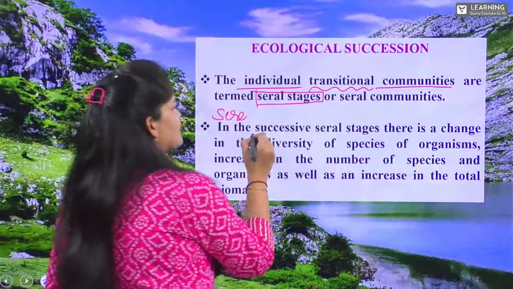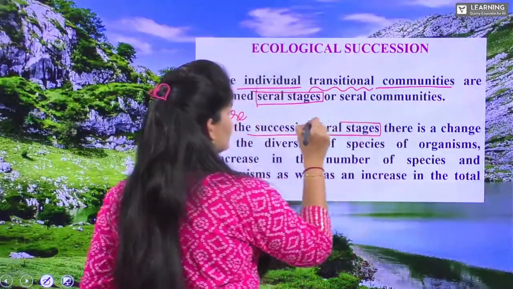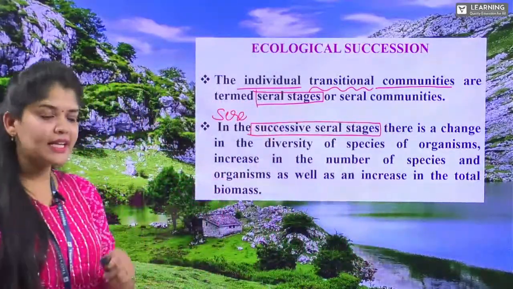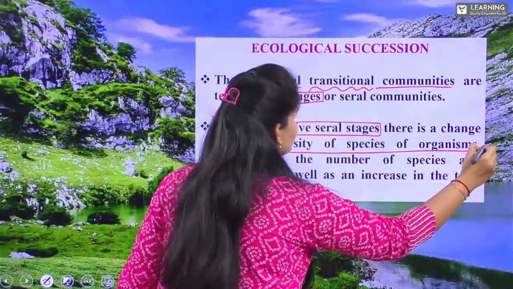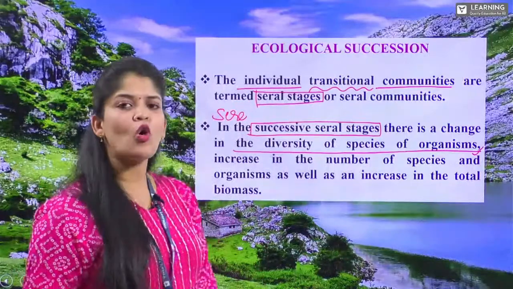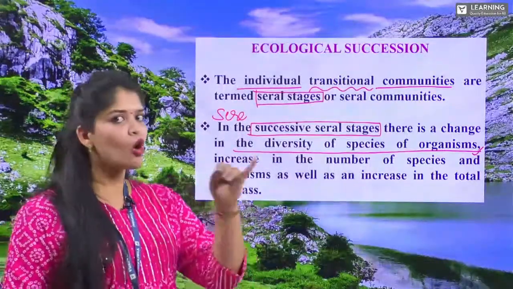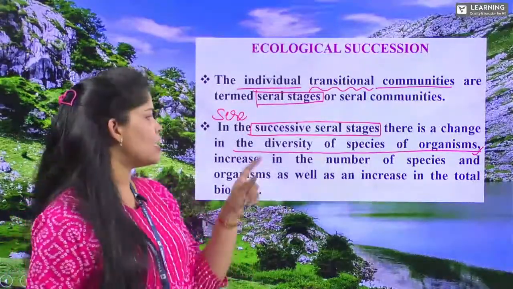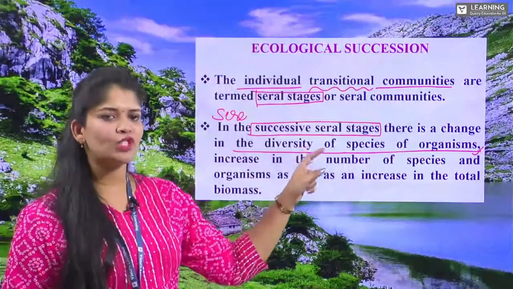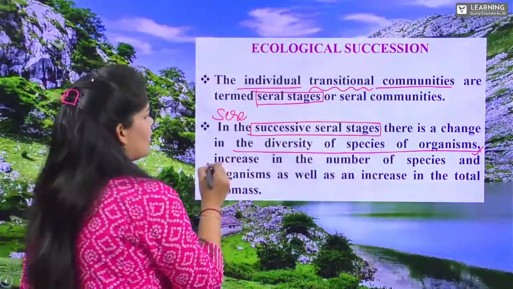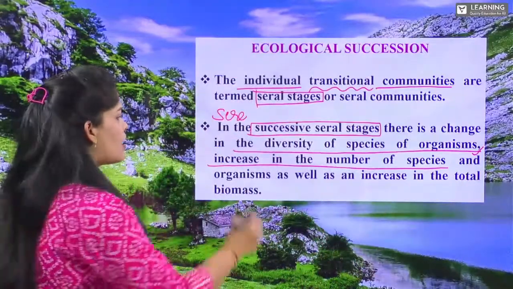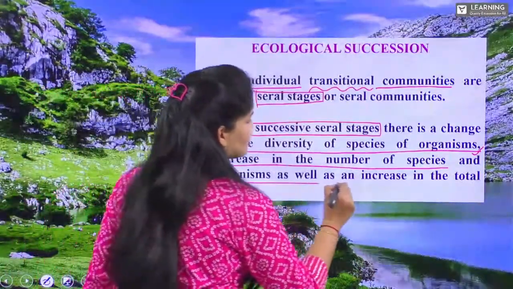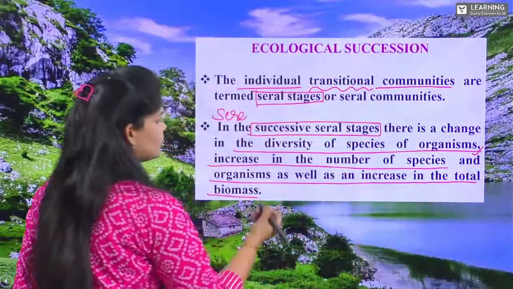Now, in successive seral stages, there is a change in the diversity of the species of an organism. Just now we said that this is all about the changes happening in the composition and structure. So here there is a change in the diversity of species, an increase in the number of species and organisms, as well as an increase in the total biomass.